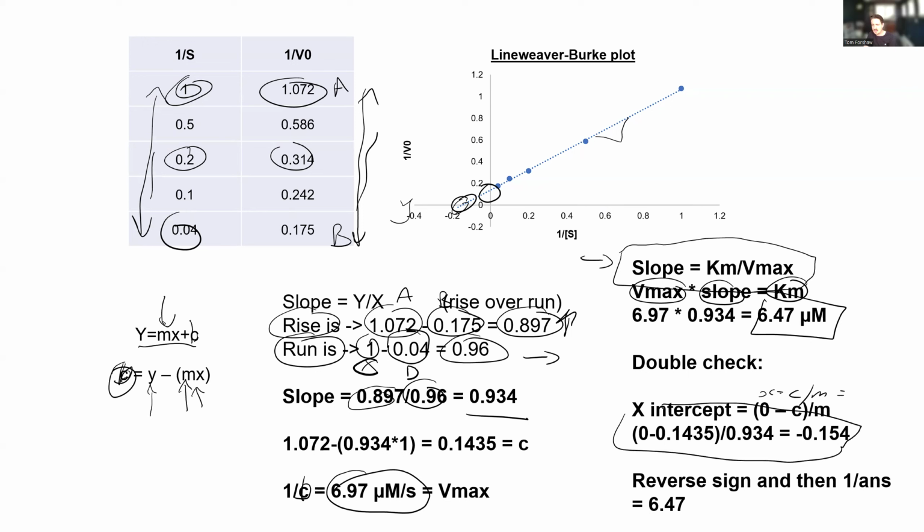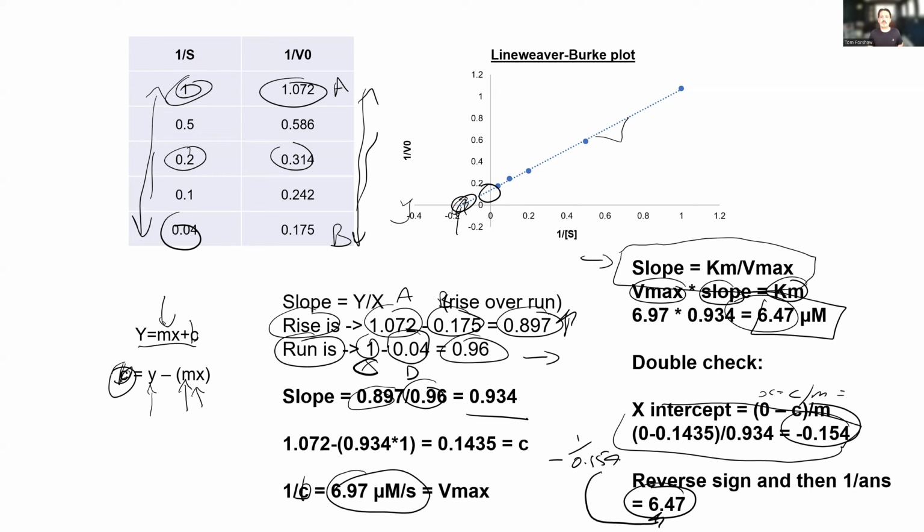If we plug that in here, that gives us an x-intercept of negative 0.154. And if we do negative 1 over negative 0.154, that gives us 6.47, which is the Km, which is right.